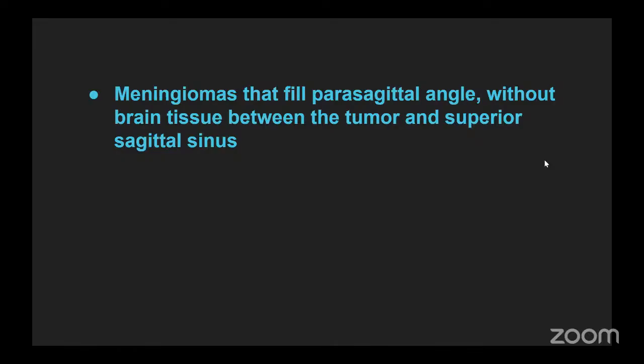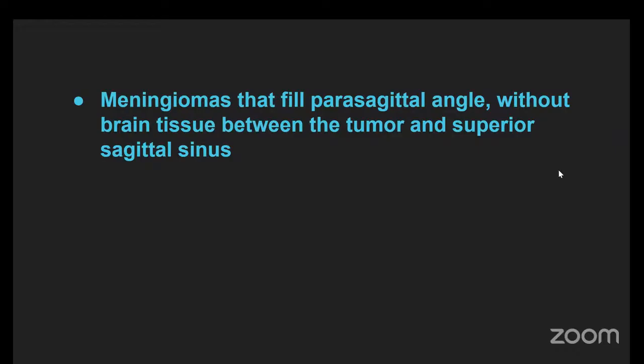There seems to be a certain confusion among the residents between what exactly is a parasagittal meningioma, when it is a convexity meningioma, and when it is a falcine meningioma. So let me draw a very simple illustration to make it easy to understand. This is a coronal section, and these are the cerebral hemispheres.